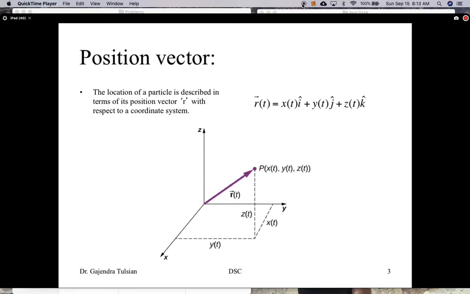Now as this particle is moving, the x, y, and z coordinates will be functions of time. And this is a complete description of the motion if you have these 3 functions of time. That would be a description of a motion in 3 dimensions.